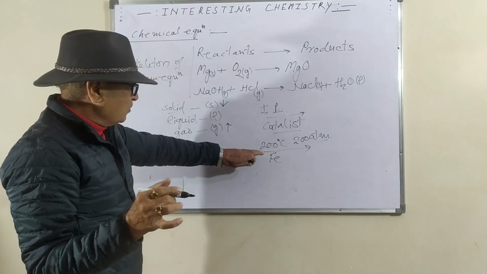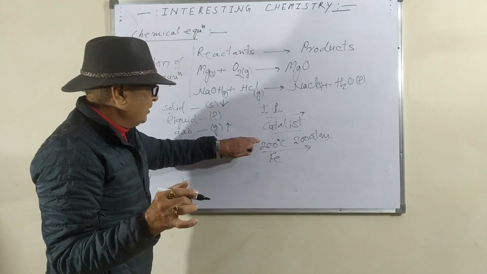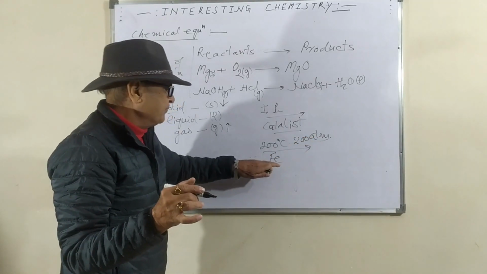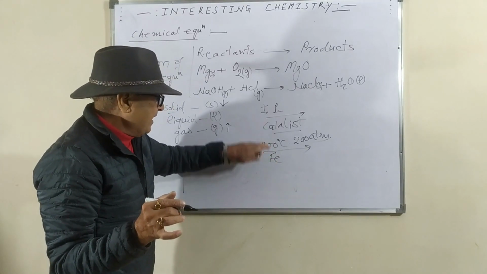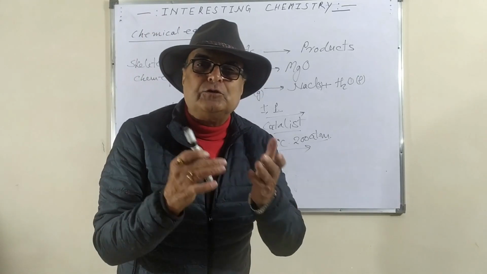So this shows that the reaction is taking place at 200 degrees centigrade temperature, 200 atmospheric pressure, and in the presence of Fe, which acts here as a catalyst. So this is the format.